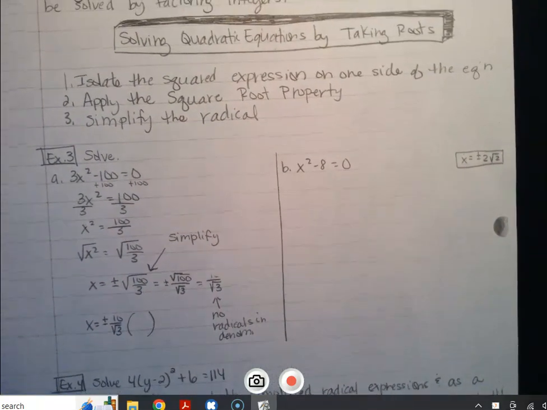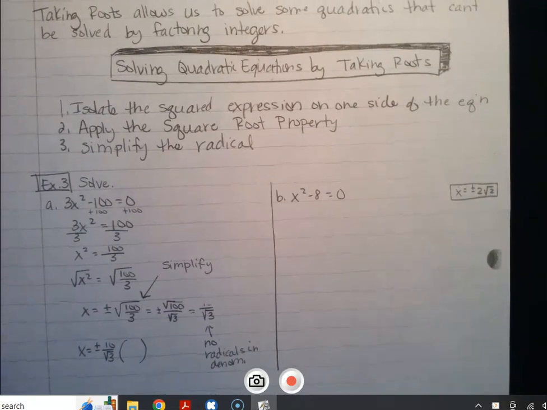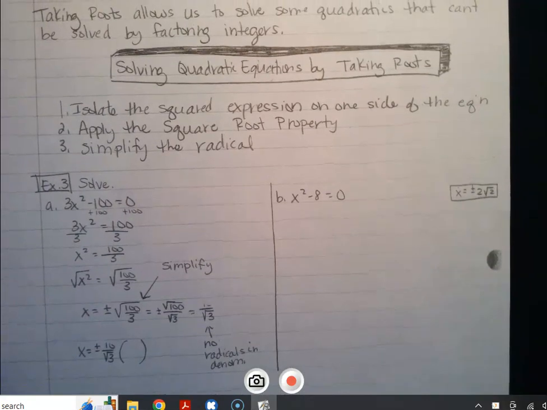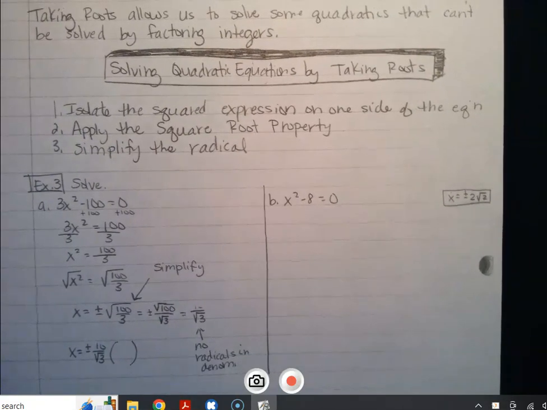It looks gross. Taking roots can be really beneficial, but you do have to understand how to take the roots in order to do it.